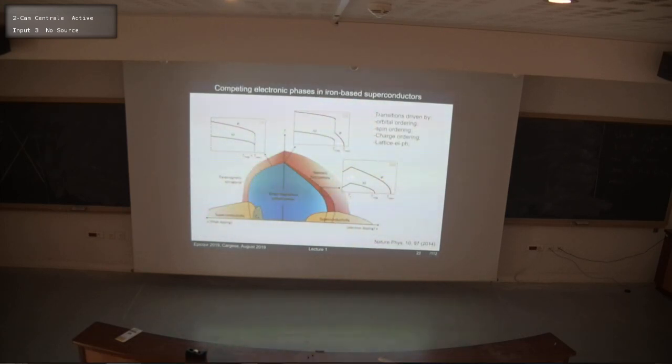And in terms of general pictures, which are the main competing phases that one can think of, especially applicable to the 1111 and 122 families, which are the most studied, I would like to focus on things which people agree on.